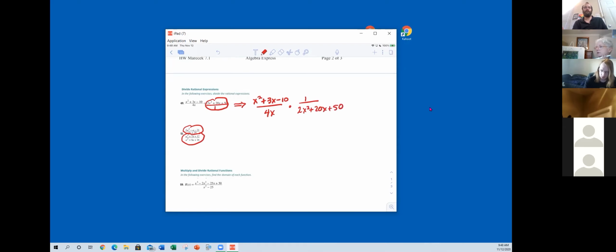Okay, so you'll take all the factorizations and put them in there and then do the cancellation. So on this one, we would have 2a squared minus a minus 21 over 5a plus 20 times what?